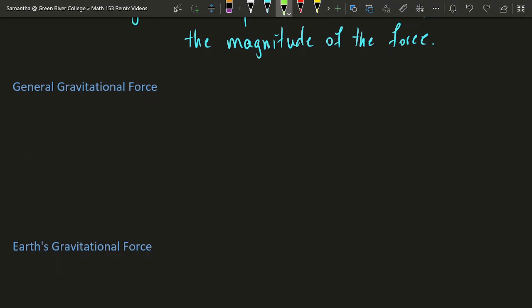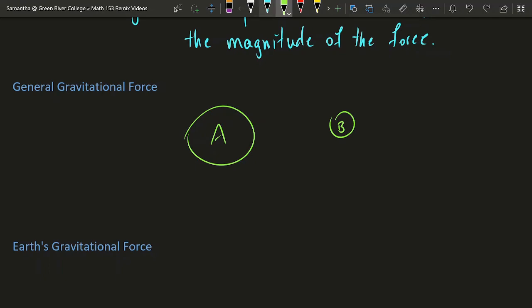If you're dealing with any two objects at all, whether it be you and planet Earth, the sun and the earth, or even objects as small as your coffee cup and the pencil next to it, they are both exerting gravitational force on each other. The only thing is that when the objects are pretty small, like your coffee cup or yourself, the gravitational force is so small that we usually don't notice it.